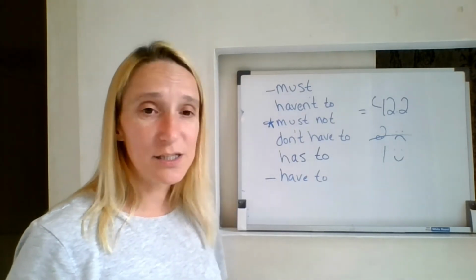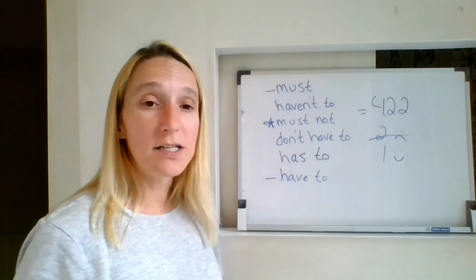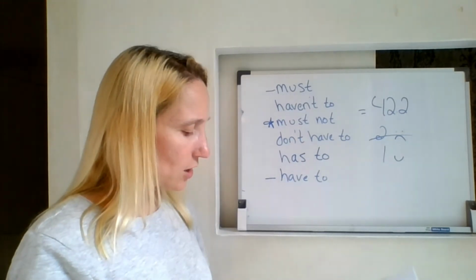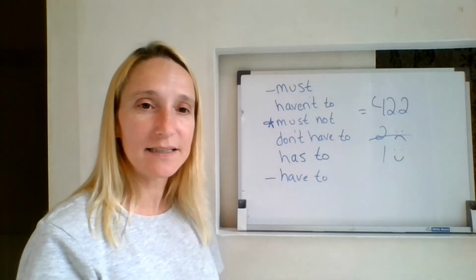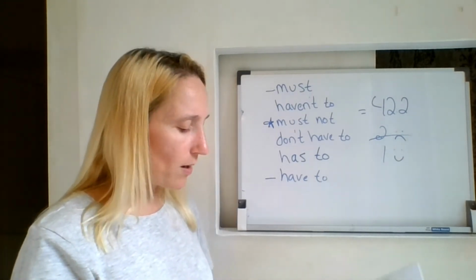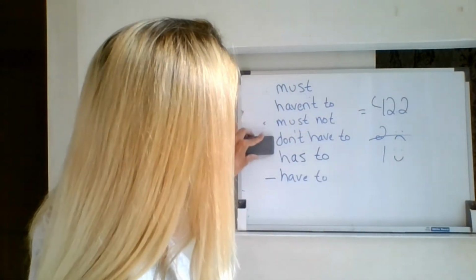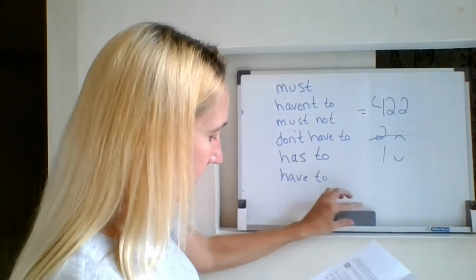The first sentence reads, and we're going to do a blank, okay? So it's you blank make an appointment at the clinic. Our options are you blank make an appointment at the clinic.